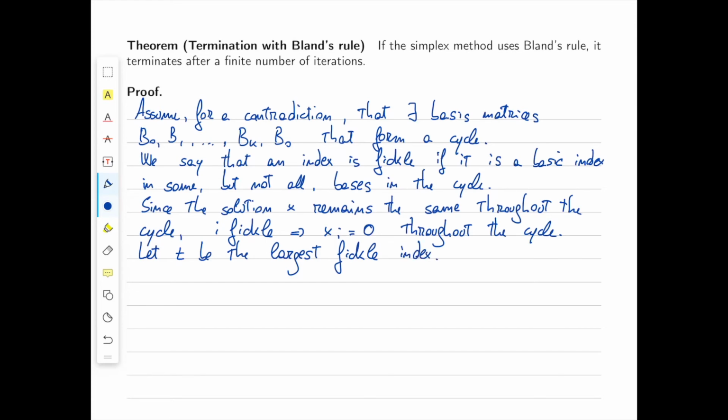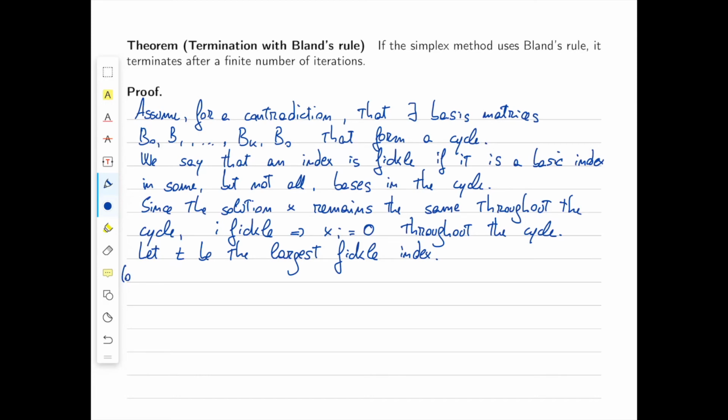In most of the proof, we will analyze two specific changes of basis. First, we analyze when t exits the basis, and then we analyze when t enters the basis. Since t is fickle, both these changes of basis exist.